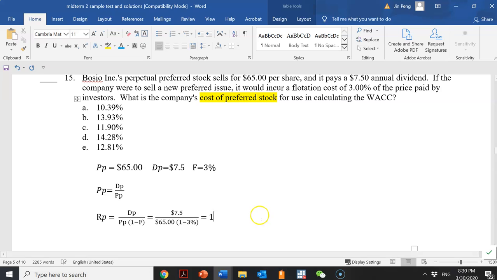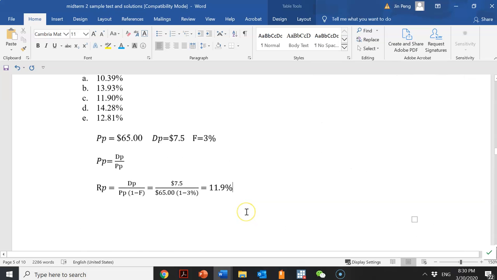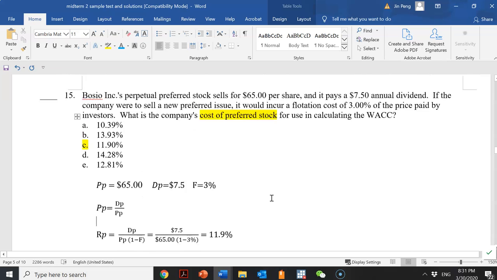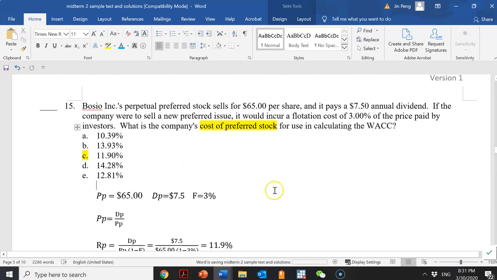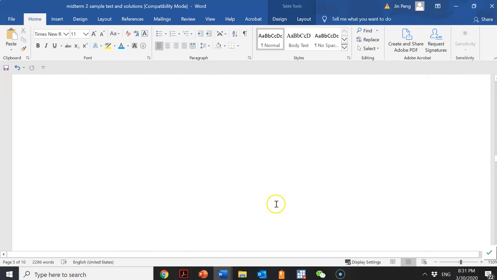This should give us 11.9%. So this helps us to choose option C. Okay, so this is the answer to all these 15 questions.